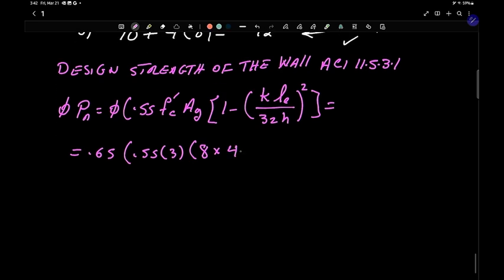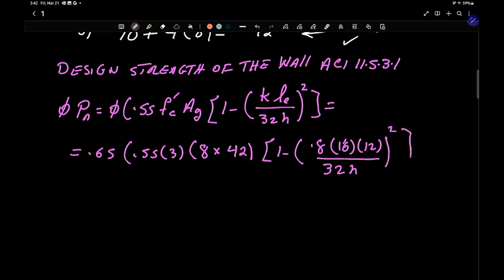So times 42. And then we're going to times 1 minus KL, which was 0.8, and length is 16 feet, so it would be 16 times 12 inch per foot, divided by 32h, and then square the whole thing.